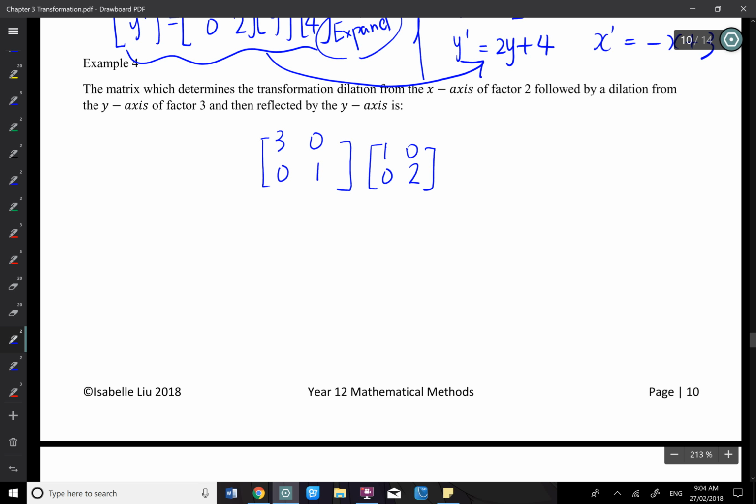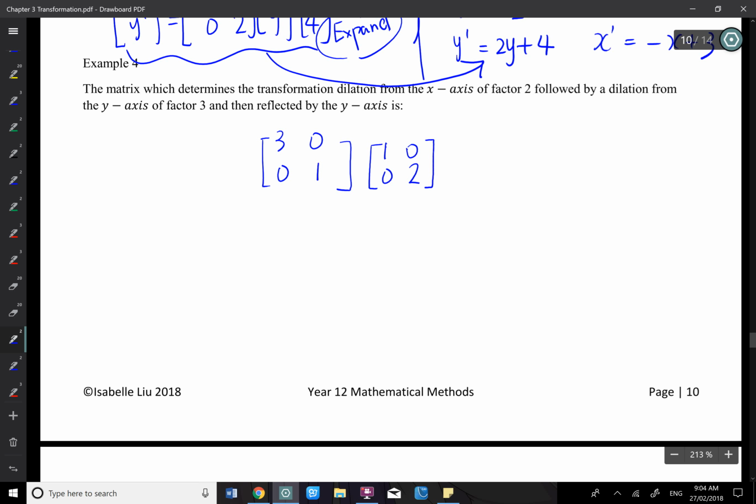Matrix times that in the front. Okay, remember, the order in which it happens must go to the front, not times at the back. The order will make a difference.